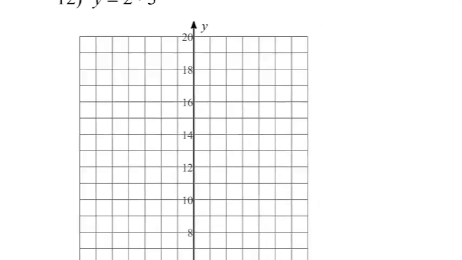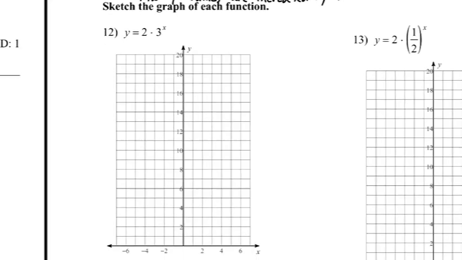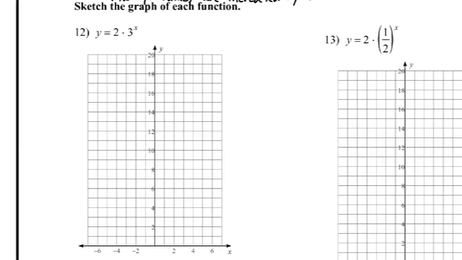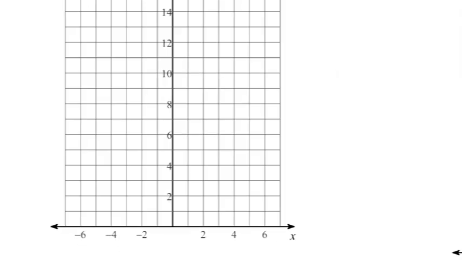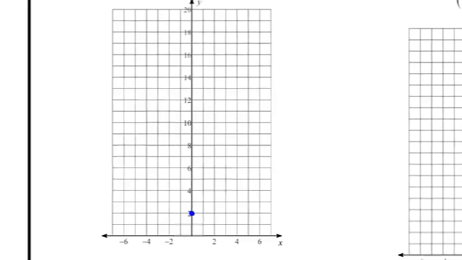All right. We're going to graph the function. So the first thing that I see here is that we have a starting value or a y-intercept of 2. So on the graph here, I can go right here and say, all right, I know that's where we're starting.